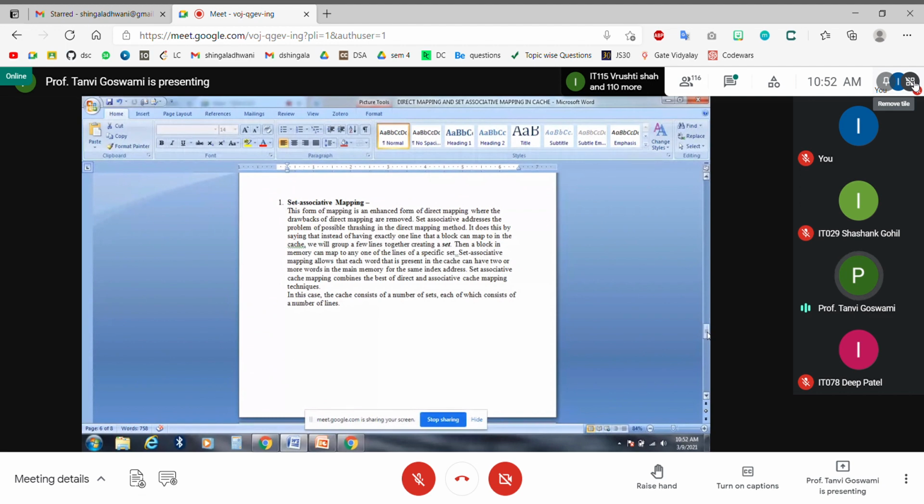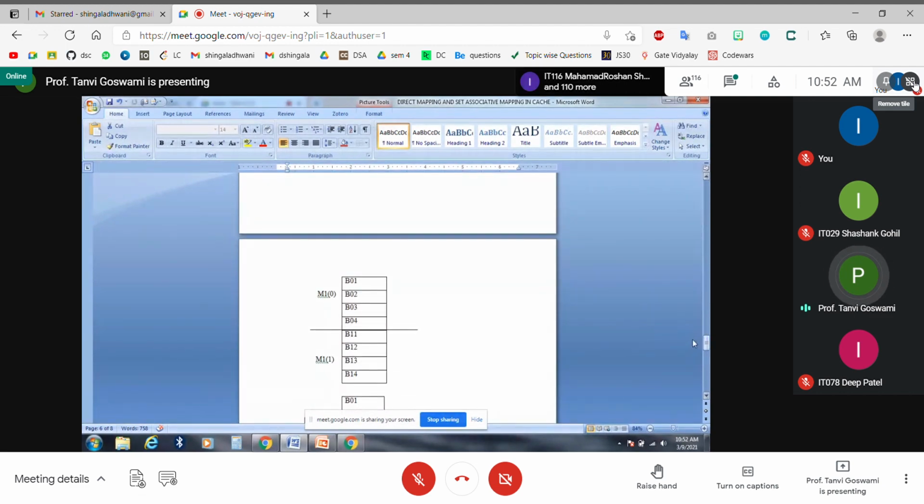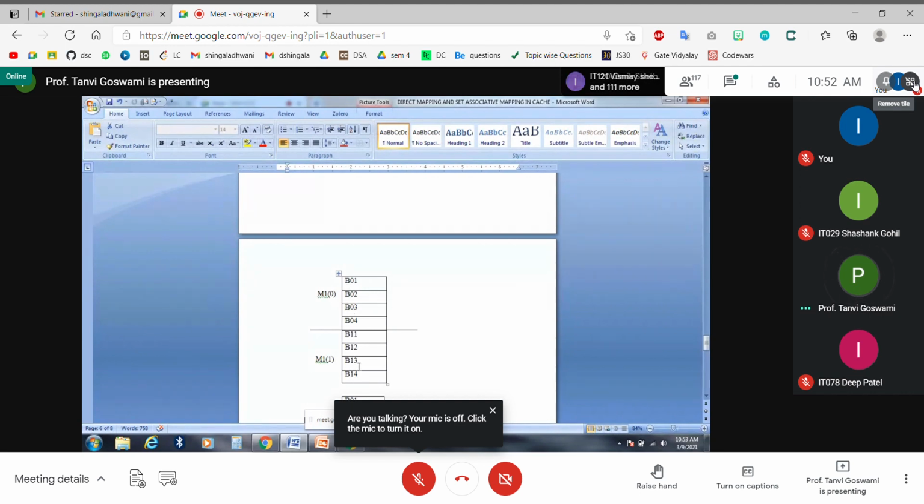But now, let us say we have a main memory and a cache memory. We divide the cache memory into two parts, and each part is called a set. M10 is a set, M11 is a set. In M10 we have four blocks, and in M11 we have four blocks.